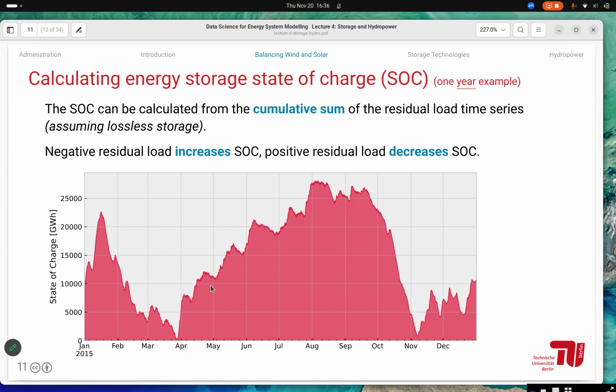Okay, I did one magic trick here, because I figured out an initial state of charge so that we never go negative. Here we started with roughly 10,000 gigawatt hours. If I had started at 0 and just built a cumulative sum, I would have ended up with negative values.